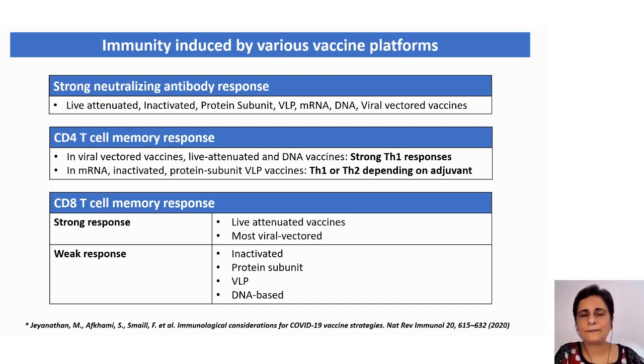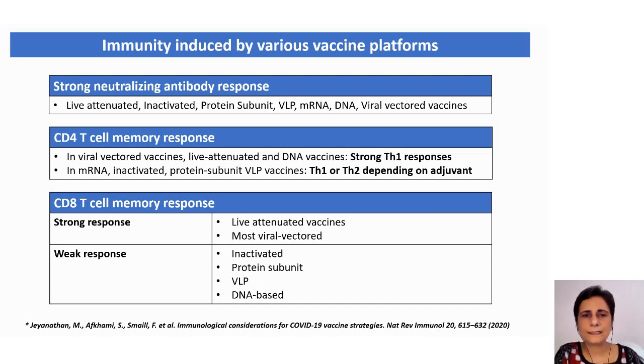In mRNA vaccines and in inactivated vaccines, in protein subunit and VLP vaccines, it's very important that we have the right kind of configuration of the vaccine, which can depend quite significantly on the adjuvant, to make sure that the response is tailored more towards the Th1 type and not towards Th2.